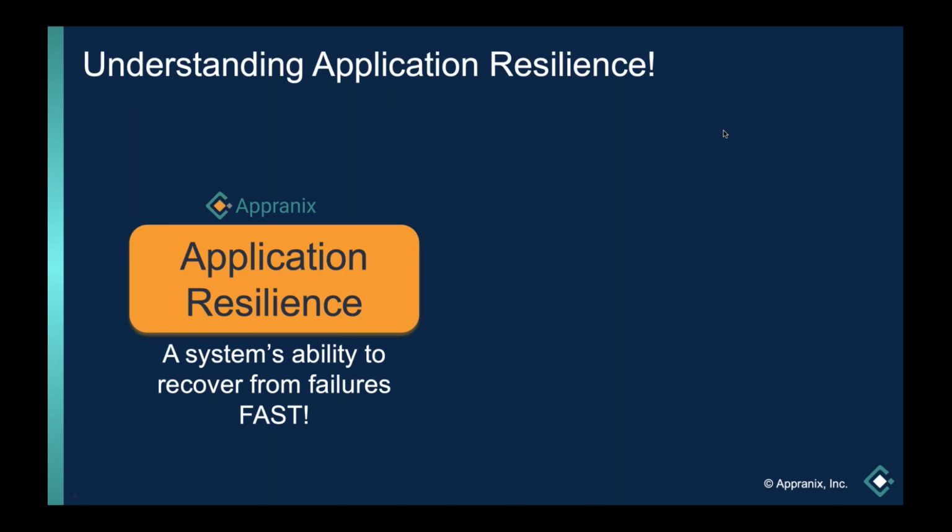You call a human being very resilient if he can recover from failures, whether of his family or individually, if he can come back from the failures, then we call him a resilient person, a resilient country. Similar to that, if a system, in particular a distributed system, comes back from those failures really, really fast, then we call those applications really resilient.